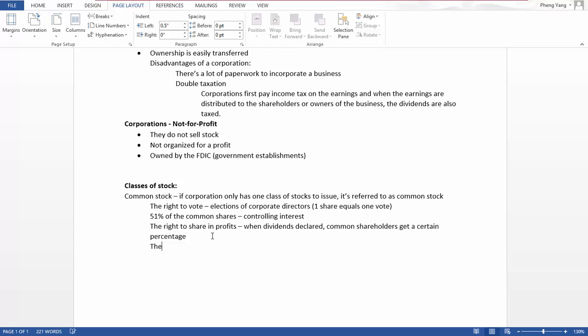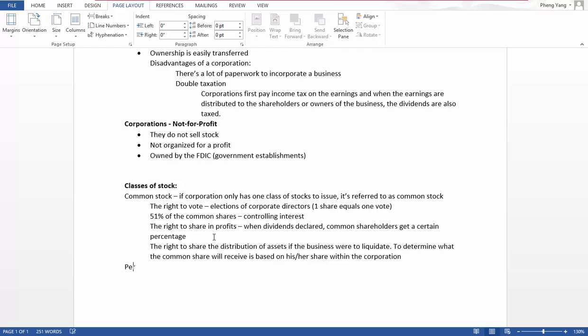And common shareholders also have the right to share in the distribution of assets if the business were to liquidate. What the common shareholder will receive is based on his or her shares within the corporation.